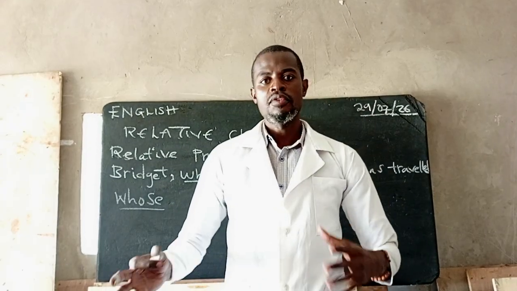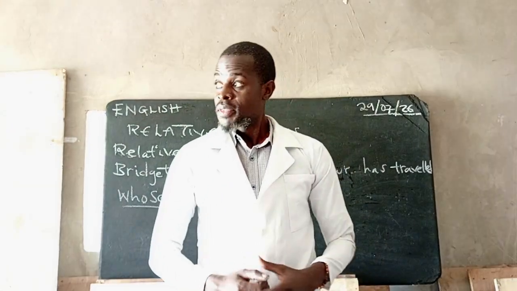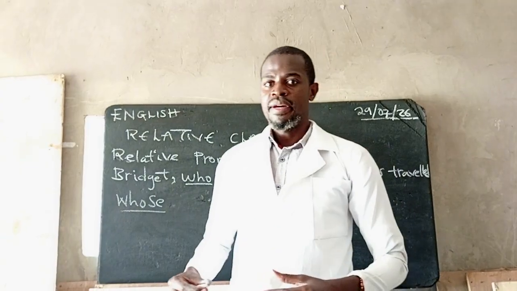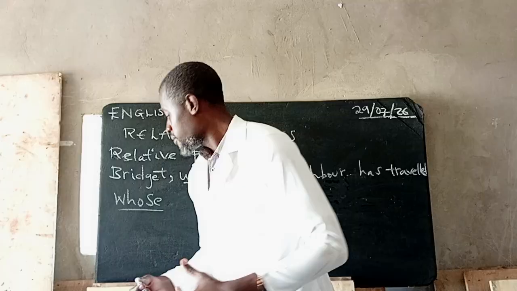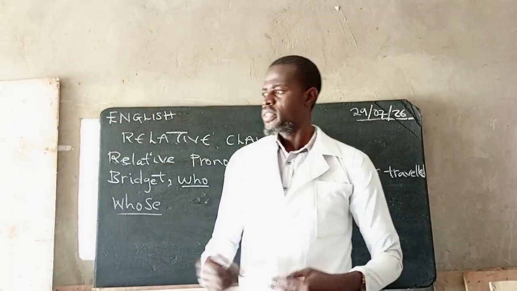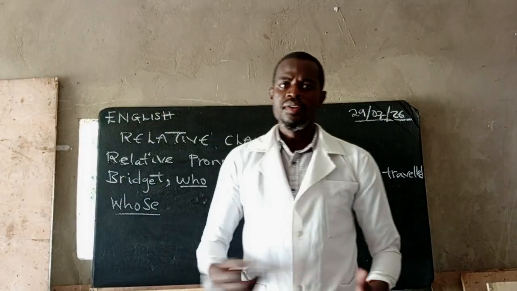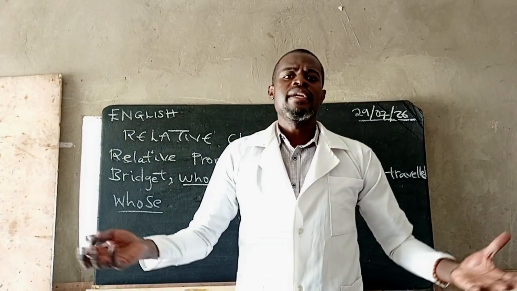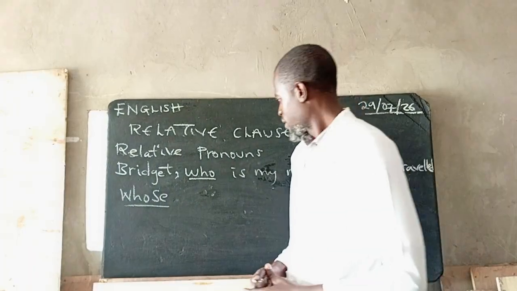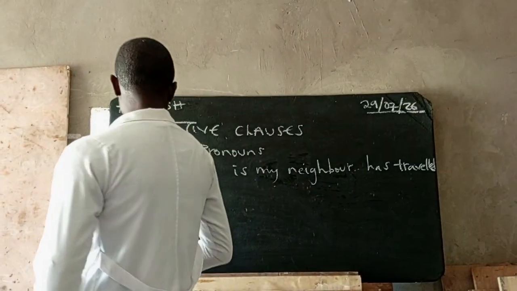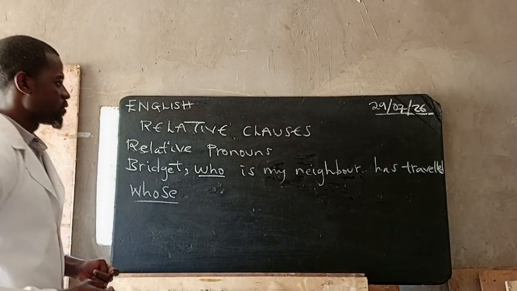We are told to transform a sentence like that. Whose shows belonging. We can use it when asking, because we want to know the owner of a thing. So we say, whose bag is this? Or whose house is this? Now, using it to introduce a relative clause.